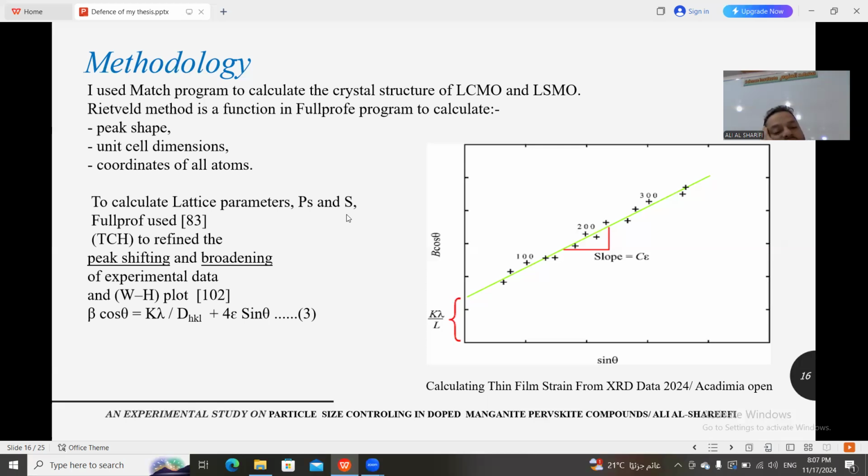And the second function was the Williamson-Hall plot to calculate the particle size for each peak, and strain. By that, I could calculate the average for all of these peaks. There is no way to calculate the average over a huge range of peaks with the Scherrer equation or another, but Williamson-Hall plot and Thompson-Cox-Hastings could do it.